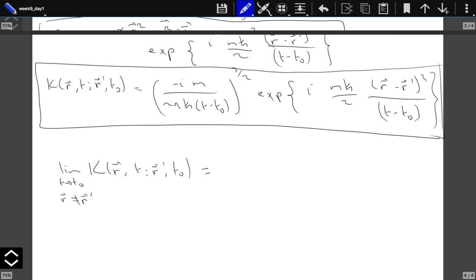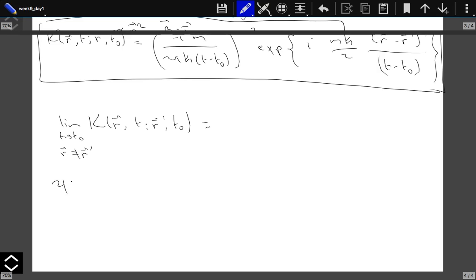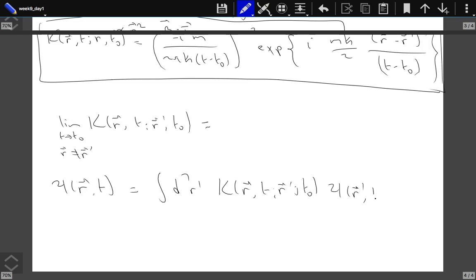You see, eventually this K I will be using in this integral. This is where I will be using it.